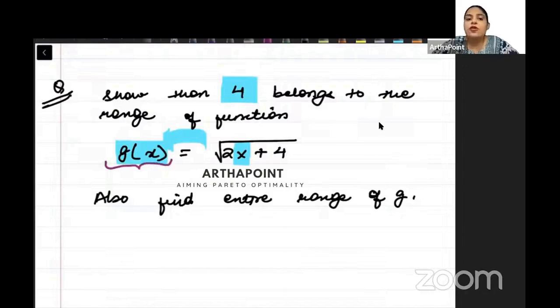That is the meaning of range कि 4 एक वैल्यू फंक्शन की हो सकती है. If that happens, then we say that 4 belongs to the range of the function. समझे बात को? Is it making sense?